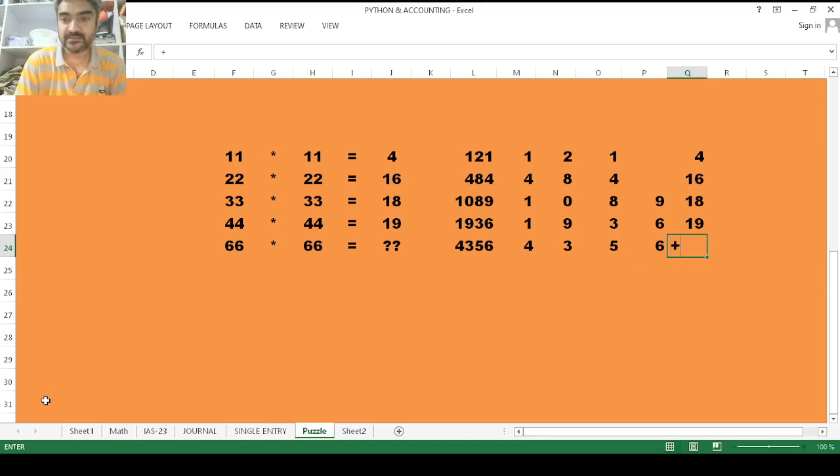Now add these numbers up: 4 plus 3 plus 5 plus 6. Here comes 18 again. So the answer of this puzzle, 66 multiplied by 66, is equal to 18. This was the answer which I came up with at that time too.